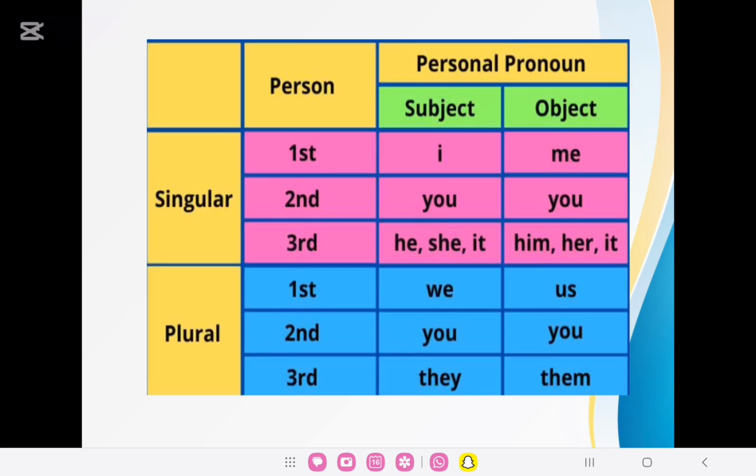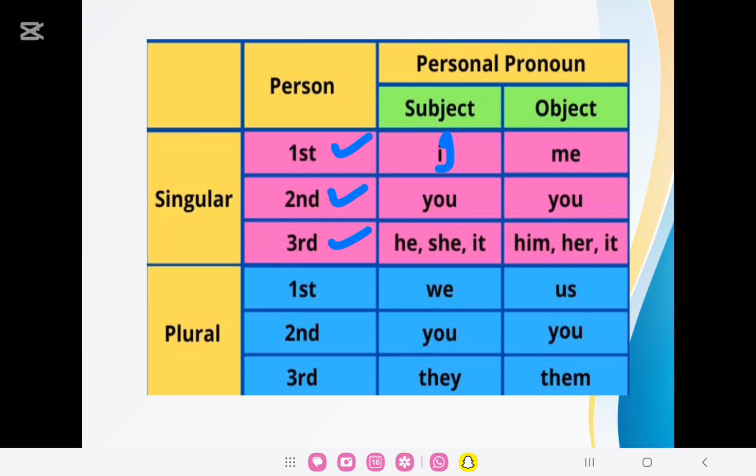Now, next one. First of all, when we talk about pronouns, basically what are we talking about? We know them as first person, second person, and third person. In singular, first person is I, and I is always written in subject form because it starts a sentence.